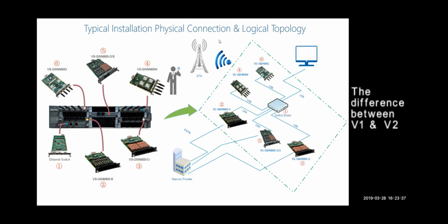Okay, I will explain the difference between V1 and V2. As you can see, this is the topology of V1. Board 1 is a switch board. That means it's an access switch like a network switch.